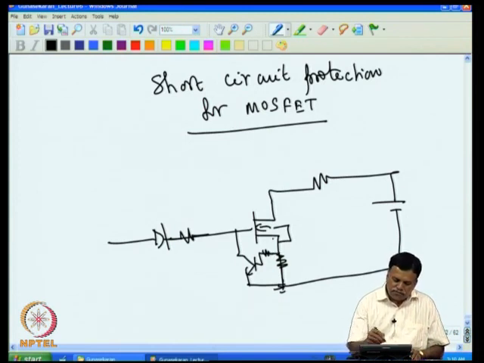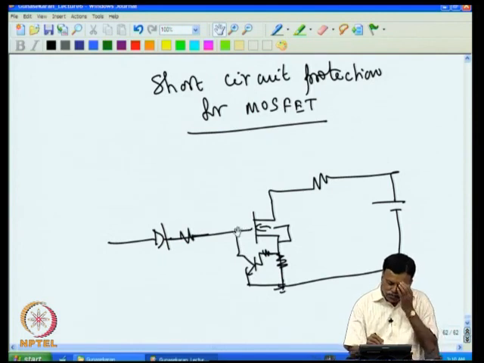Nevertheless, once it goes more than 0.6, this will conduct, and the voltage is actually divided now, so the gate voltage will come down.